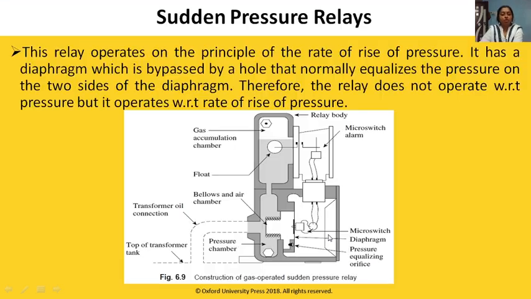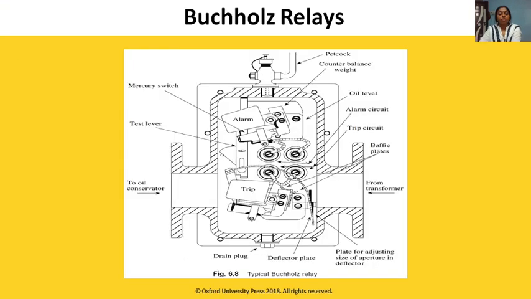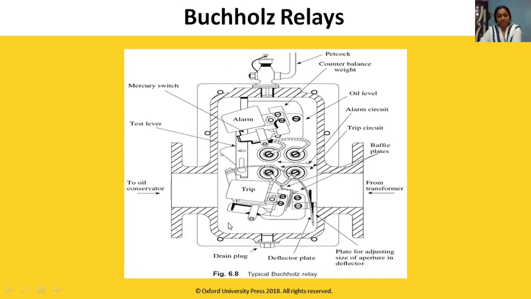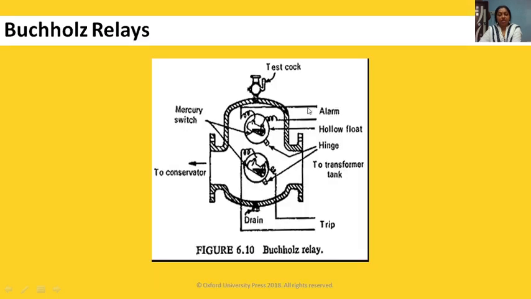Like this your Buchholz relay works. This is the internal structure of the Buchholz relay, and this is your rough diagram where we can directly see the mercury switches.